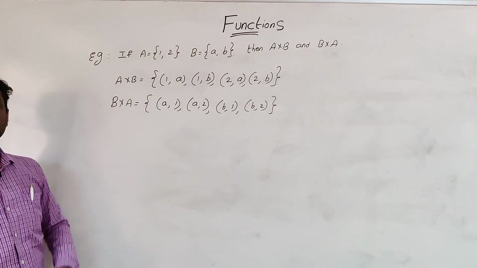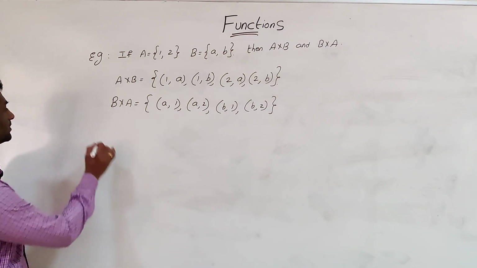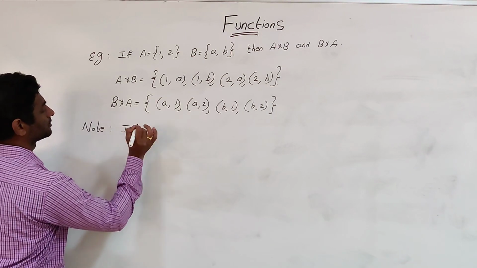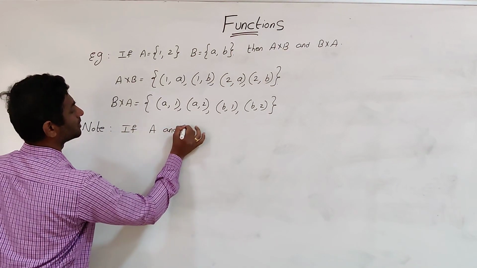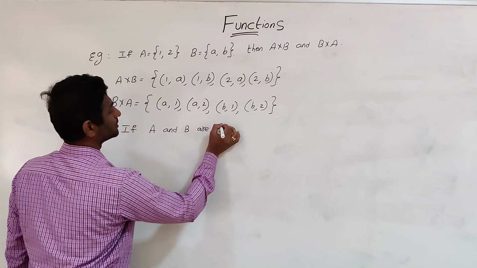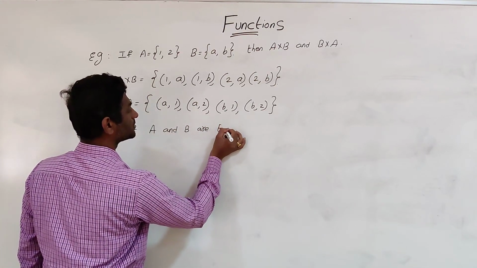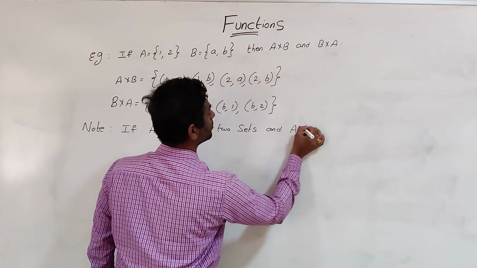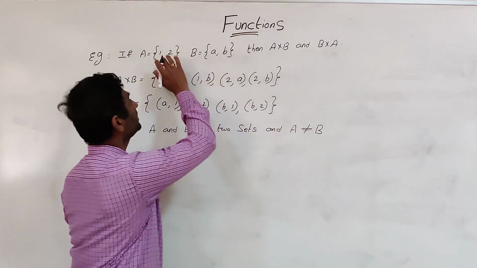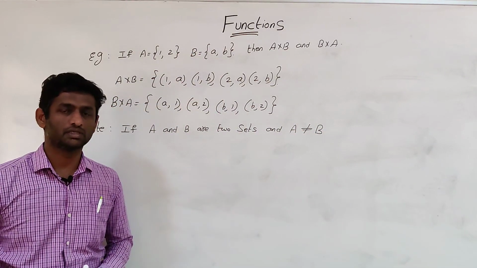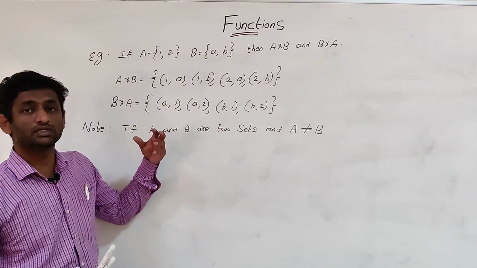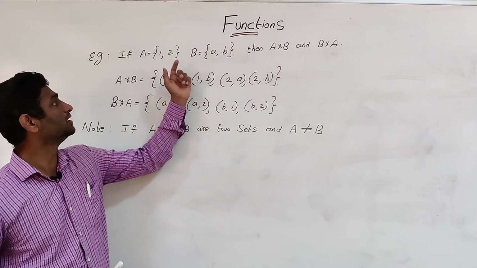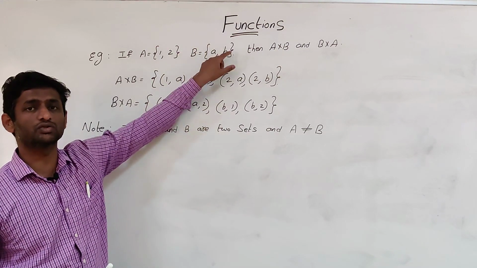So from this we can have a note. First, if A and B are two sets and A is not equal to B, meaning set A is not equal to set B. We can say two sets are equal when they have the same number of elements and the elements are also equal.